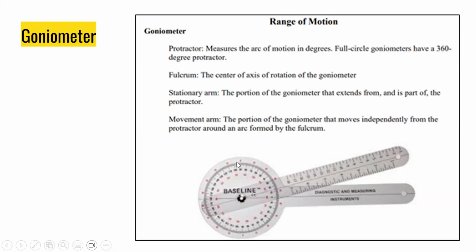So full circle goniometers have a 360 degrees protractor. Then you have your stationary arm here, and you have your movement arm, the portion of the goniometer that moves independently from the protractor and around an arc formed by the fulcrum.